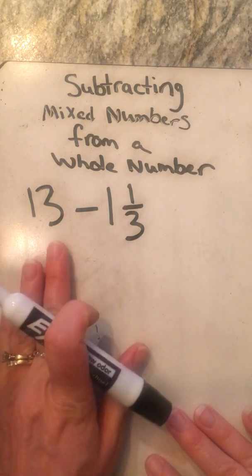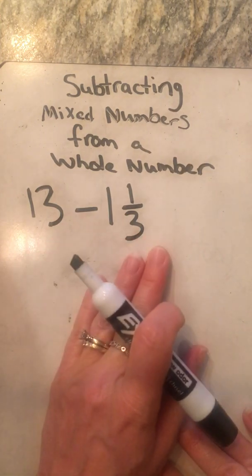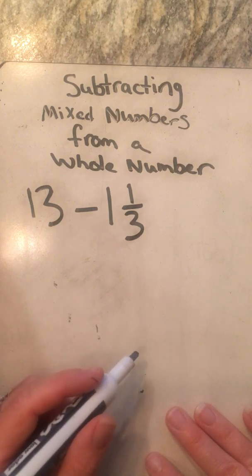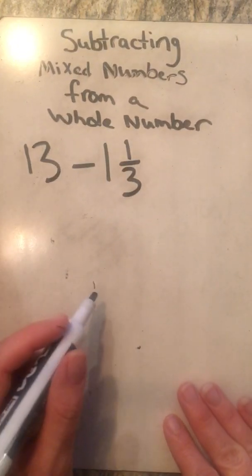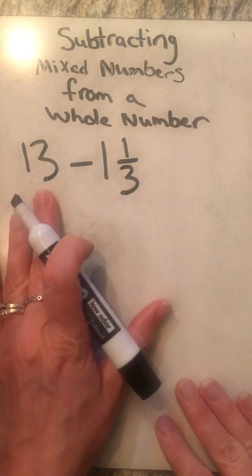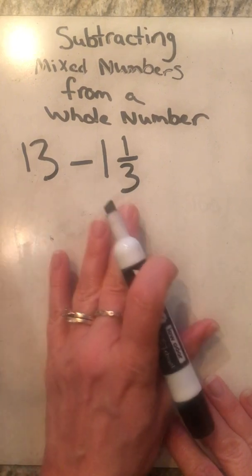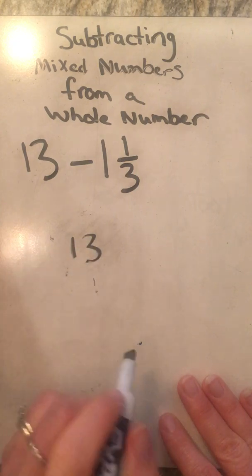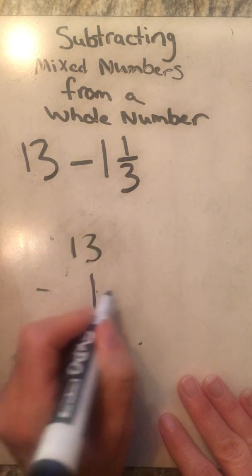Okay, so this is our whole number, and this is a mixed number. Again, you do the same steps when subtracting mixed numbers. You would stack your numbers with the larger number going on top. So 13 is larger than 1 and 1/3. Put that on top, and underneath it, I'm going to subtract 1 and 1/3.